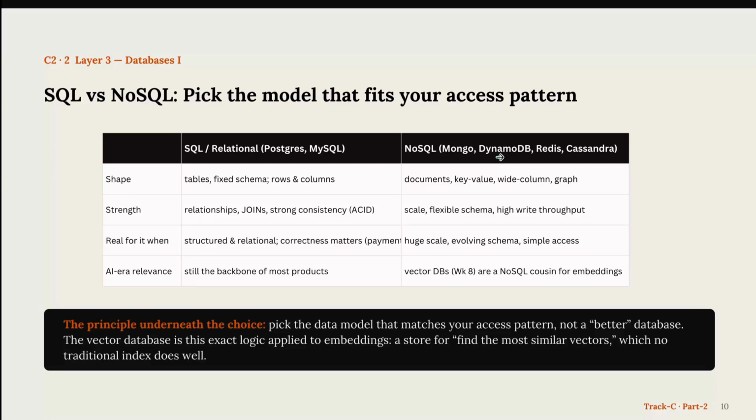All the vector databases come into this space. We're going to look at a few of them. For example, the vector DB provided by Postgres, the vector DB provided by Mongo. All of them sit here.